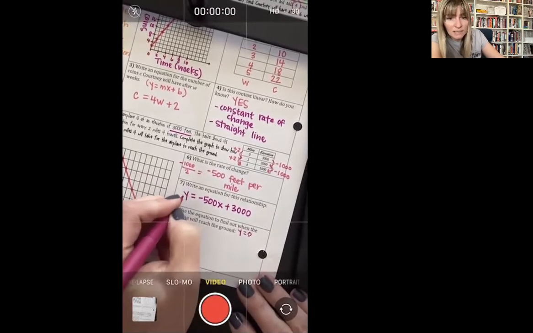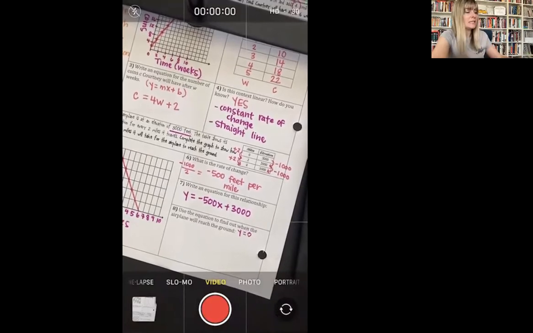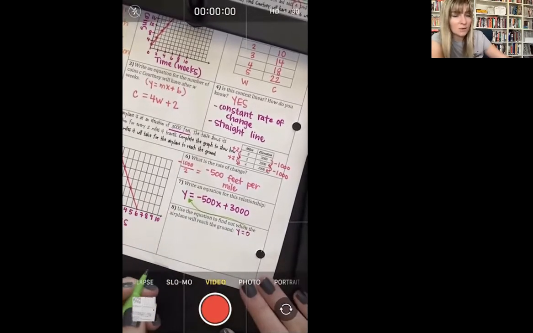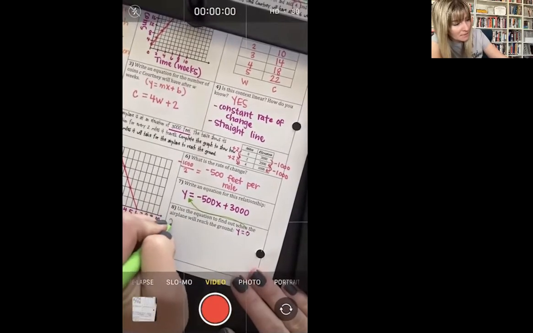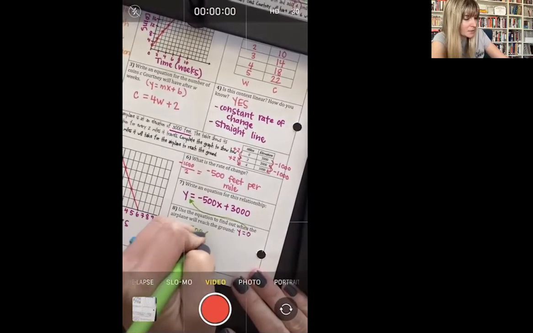So what I'm going to do is take my equation and plug in 0 for y. I'm going to replace the y with a 0. So I'm going to go 0 equals negative 500x plus 3,000. And now I'm simply going to go through my basic solving equation steps.